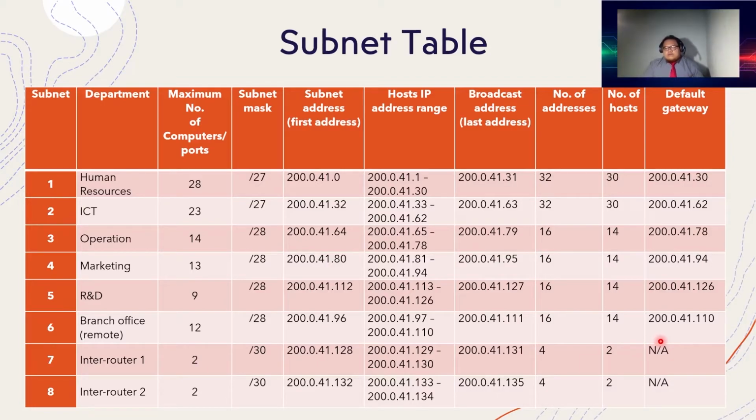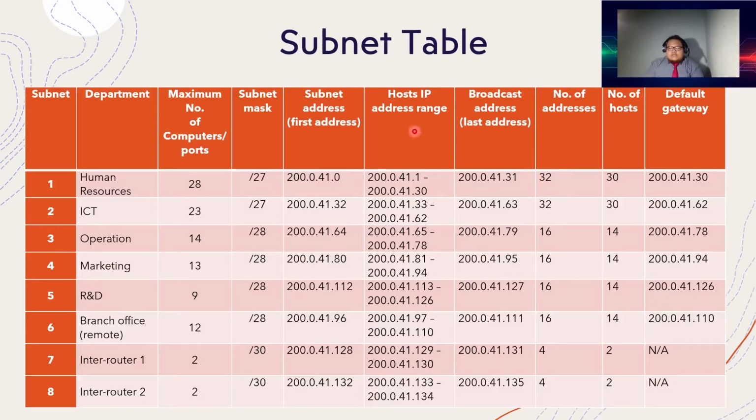For inter-router 1 and inter-router 2, there is no default gateway because the inter-router is basically a connection between two routers. For example, router 1 to router 2 uses inter-router 1, and router 2 to router 3 uses inter-router 2. That is why there is no default gateway, because the default gateway for each subnet will be connected to the router itself.